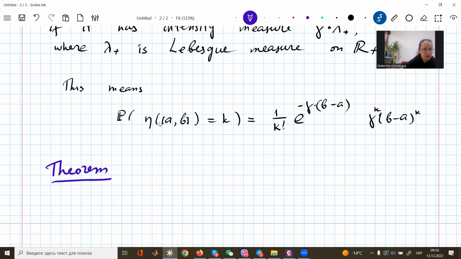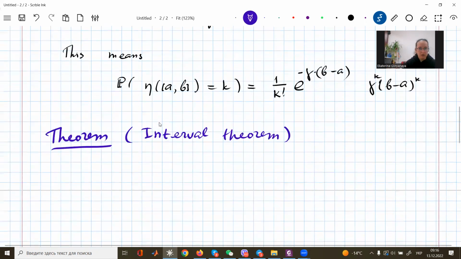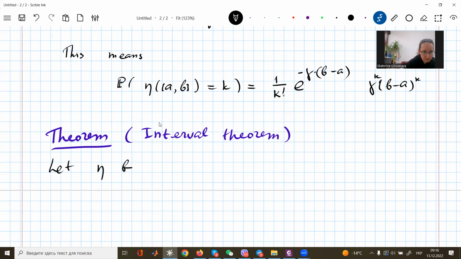Theorem. Sometimes you can find it called the interval theorem. So let eta be a point process on R plus, so we consider it on a half line.